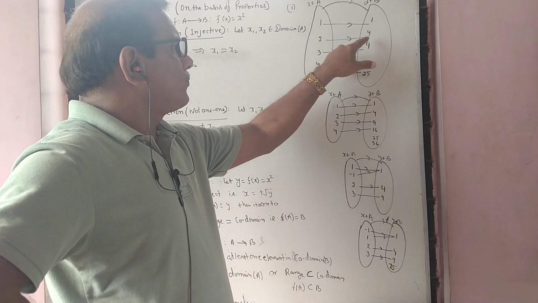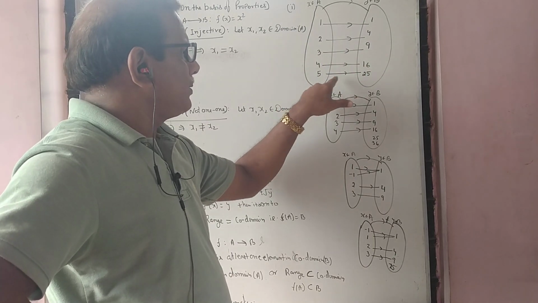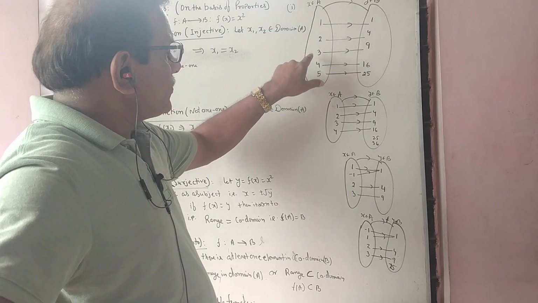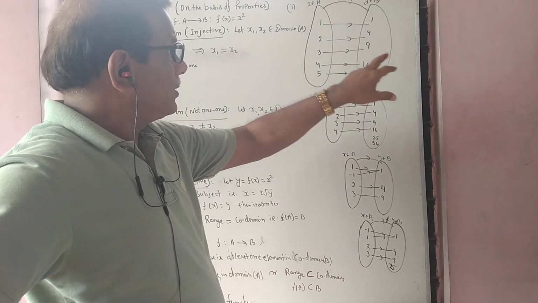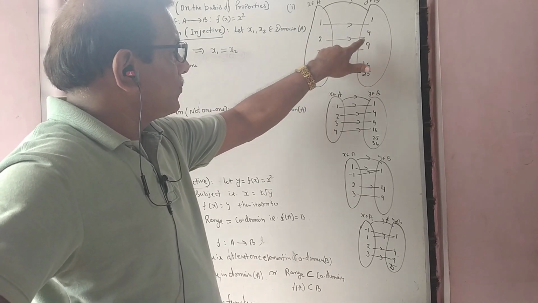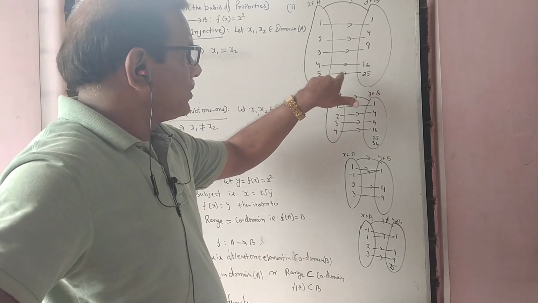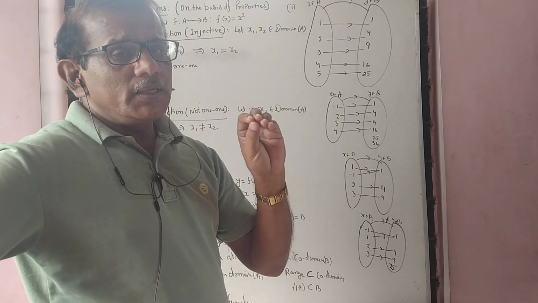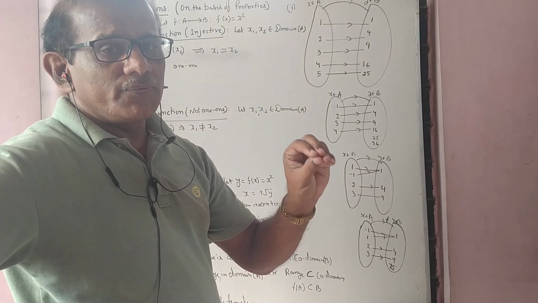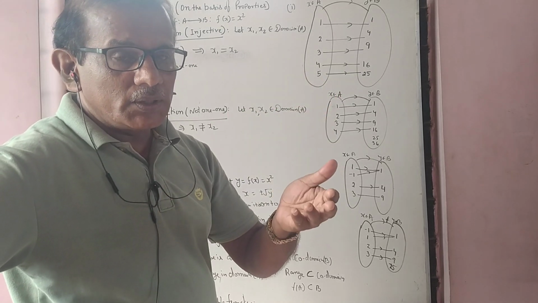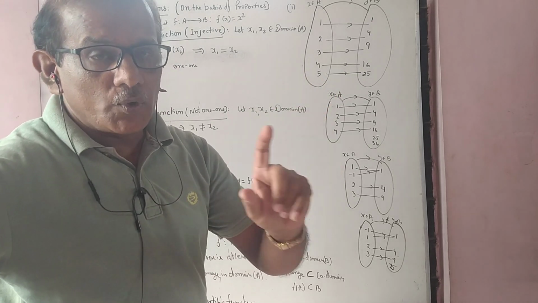Image of 1, image of 2, image of 3, image of 4, image of 5. Under this rule, every element of set A should have a unique image. As in this diagram I have shown, image of 2 is 4, image of 3 is 9, 4 is 16, 5 is 25. This means different elements of A have different images in B. You can also use the term 1-1 correspondence.